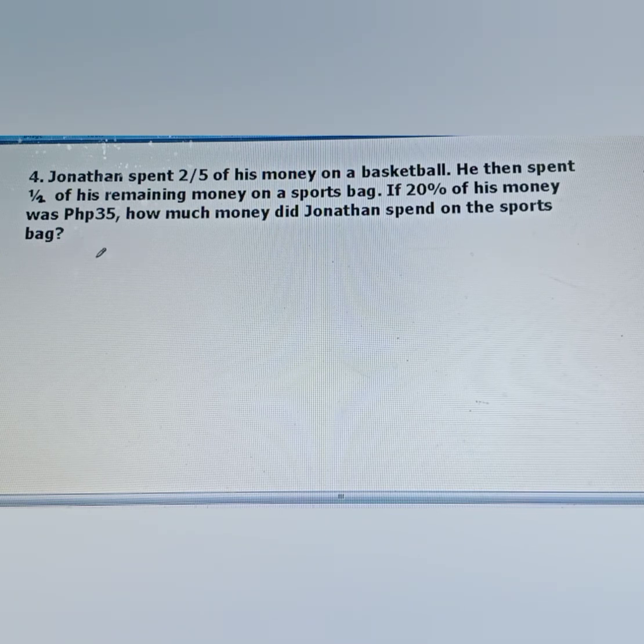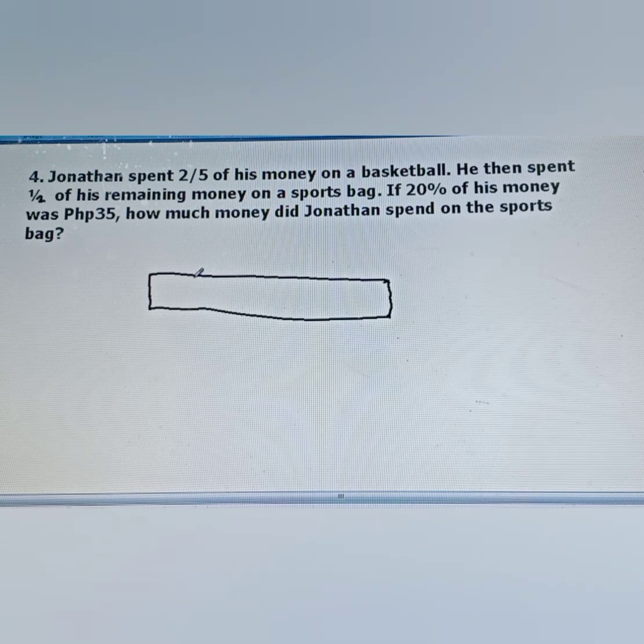So we start with the 2/5. Let me draw a block; don't mind the line, it's not straight. If this block represents his money, we need to get 2/5, which is spent on the basketball. So we need to divide this into 5 equal parts.